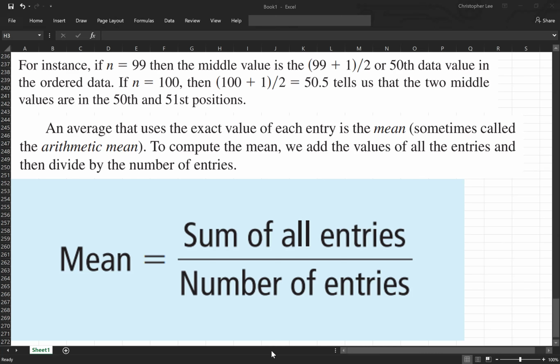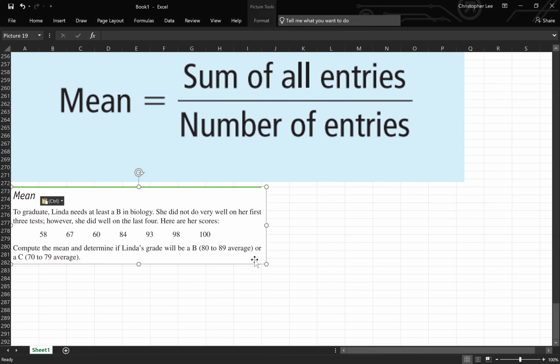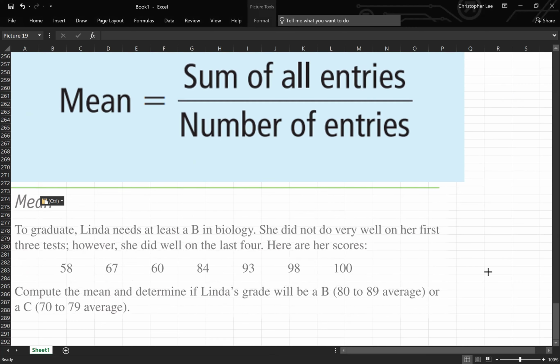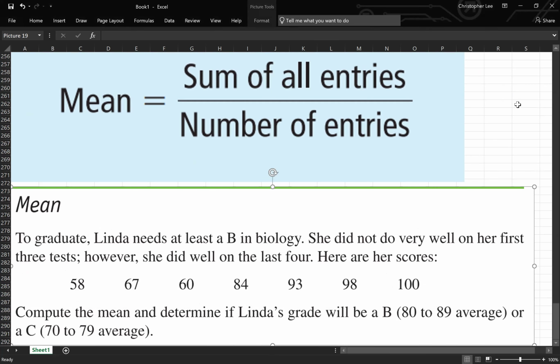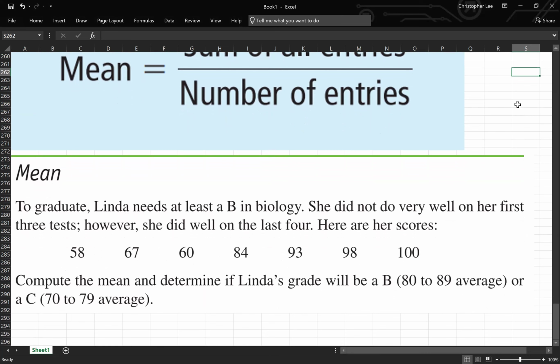I just want to look at an example real quick. Mean. To graduate, Linda needs at least a B in biology. She did not do very well on her first 3 tests. However, she did well on the last 4 tests.